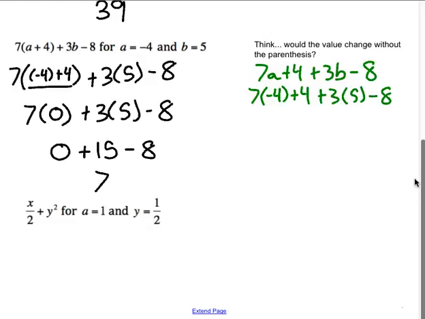Now there's no group there, no parenthesis to deal with first, okay? Now I just start multiplying. I get negative 28 plus 4 plus 15 minus 8. And now I just add all of that up, and you get negative 17.